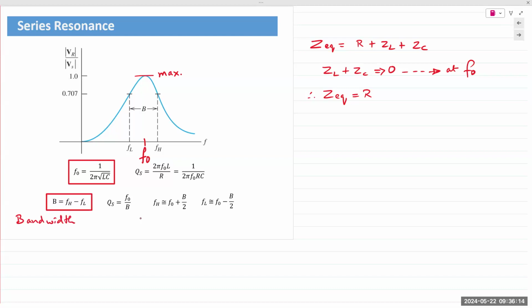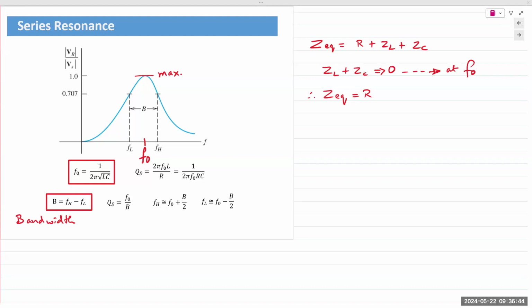Bandwidth of that filter, or the bandwidth of the resonant circuit.